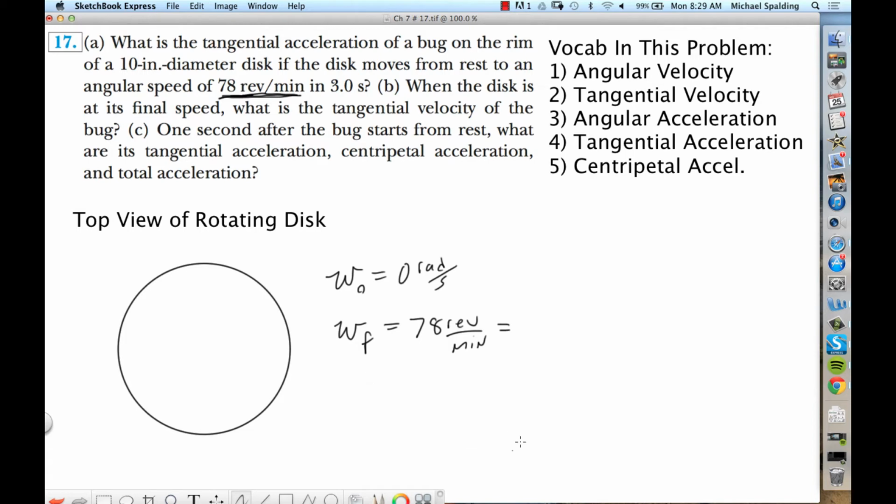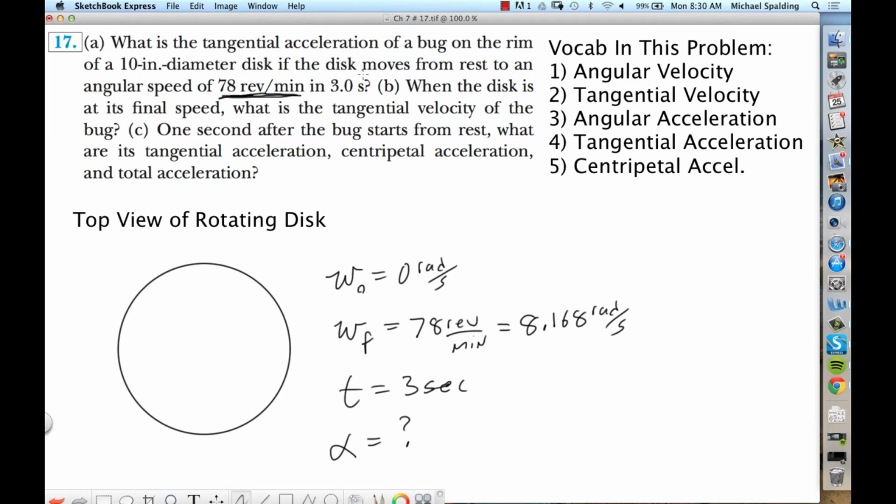When in doubt, be in radians, okay? Because there are those two equations I showed you where you have to be in radians. So 78 revolutions per minute, when you convert this to radians per second, is 8.168 radians per second. This all takes place in a time of 3 seconds, and angular acceleration is a question mark.